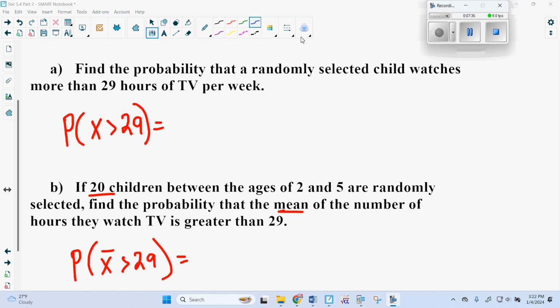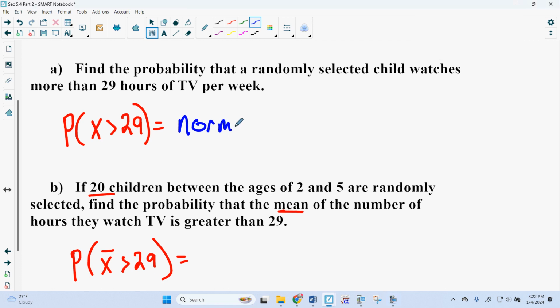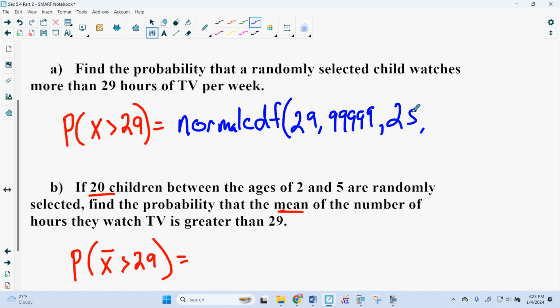If x bar is greater than 29, if we now put these in the calculator, we will have normalcdf of 29, 99999. Our average is 25 and our standard deviation is 3. And if we do that, we get 0.0912.